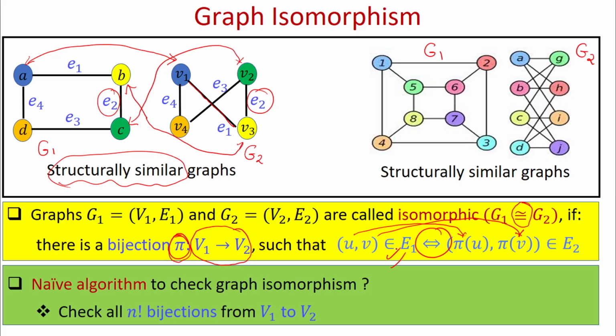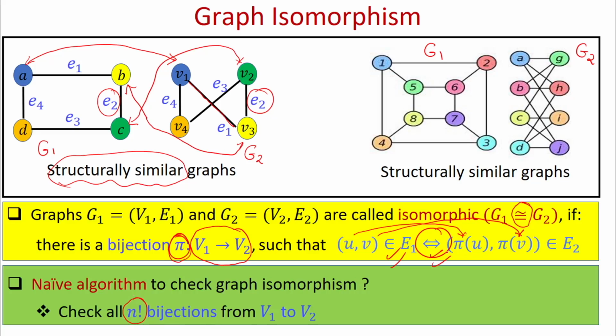So imagine that the vertex set of both the graphs is of cardinality n. Then a naive algorithm to check whether the two graphs are isomorphic is to try all possible n factorial bijections between the vertex set V1 and the vertex set V2, and for each of those bijections check whether this bi-implication is true or not.